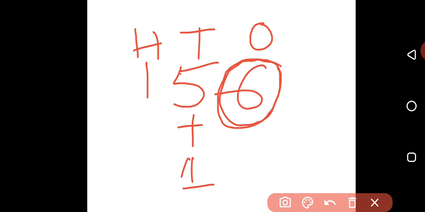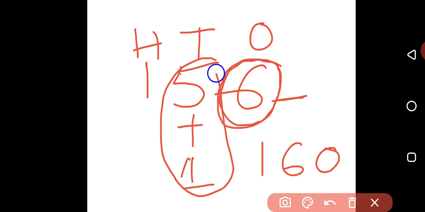It will be 160. What is the rule? If the digit in the ones place is 5 or more than 5, I will replace the digit in the ones place with 0 and add 1 to the digit in the tens place. The result will be this. Fine. Now we will go to the next one.